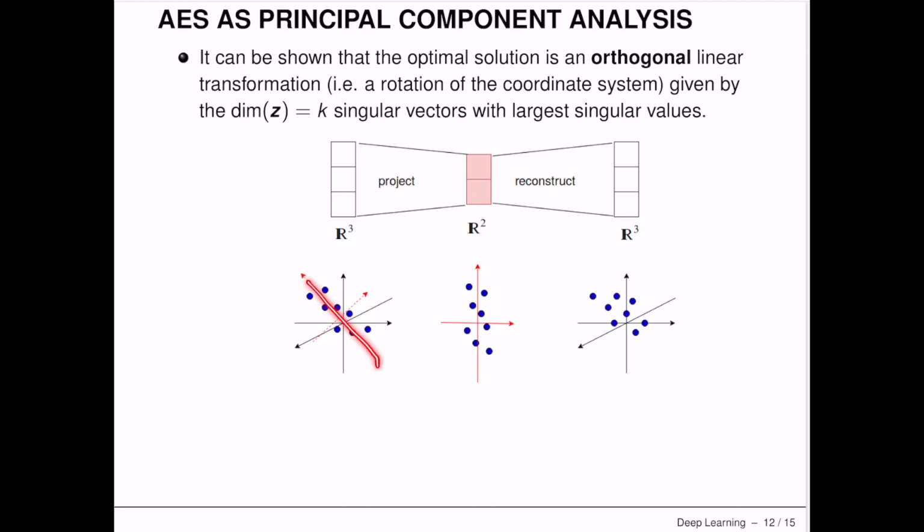Then these two-dimensional coordinates in the three-dimensional space are rotated to give our latent feature space, and if we map it back, we map it back into our original three-dimensional space.